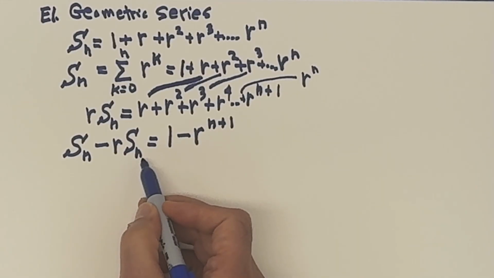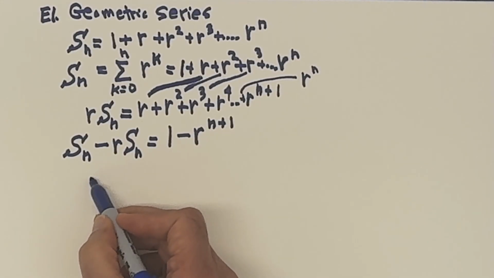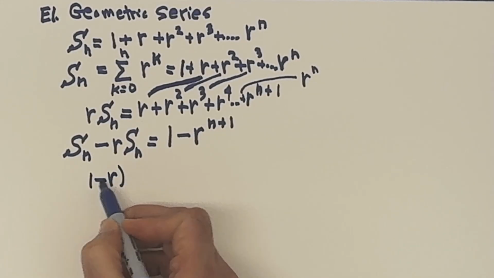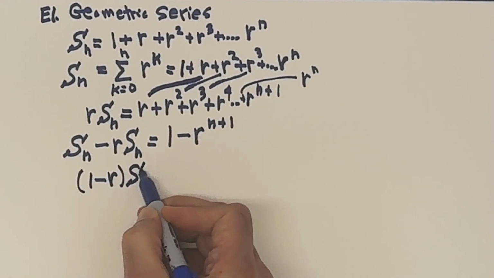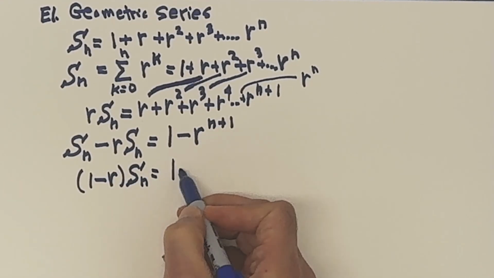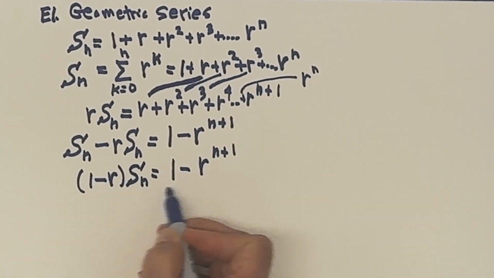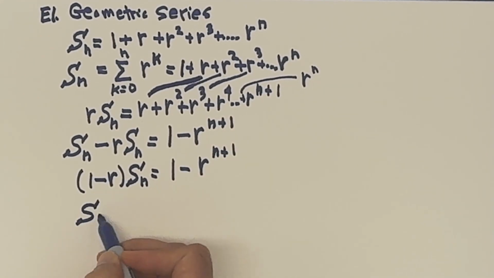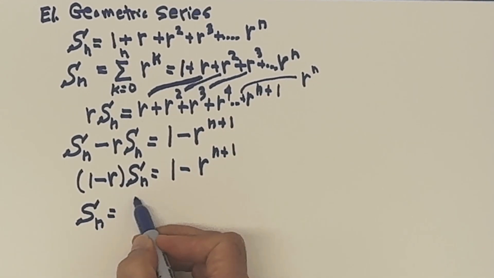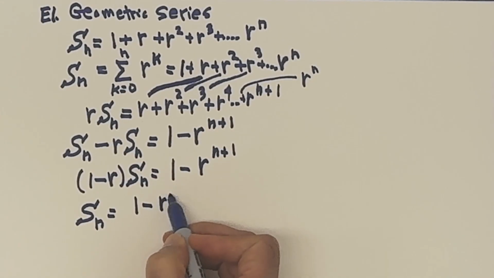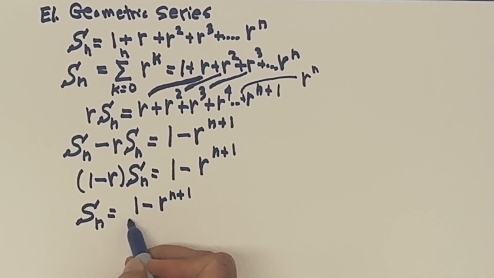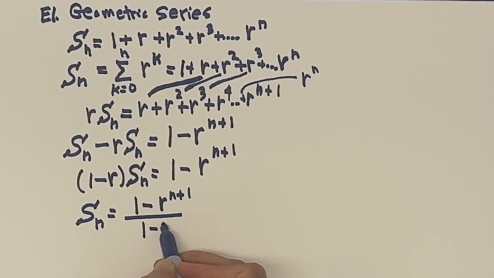So now what we do is we factor out 1 minus r, and that's 1 minus r to the n plus 1, and then we divide. So we have this cool formula which has a subtraction in the numerator and a subtraction in the denominator.